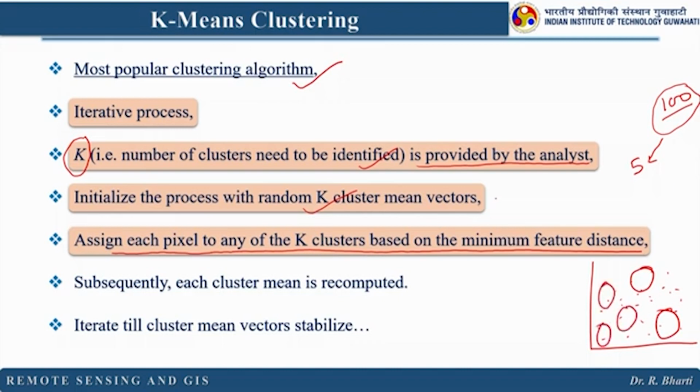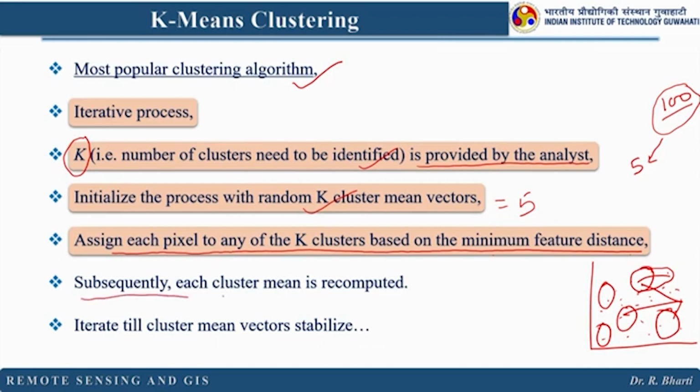Now we need to resolve whether each of these pixels belongs to this cluster or that one. That is decided based on the minimum feature distance. The closest located DN values will be assigned to this cluster, so the boundary will extend, right. This is how in the beginning the system starts with a random k value and then slowly converges to your given k value.